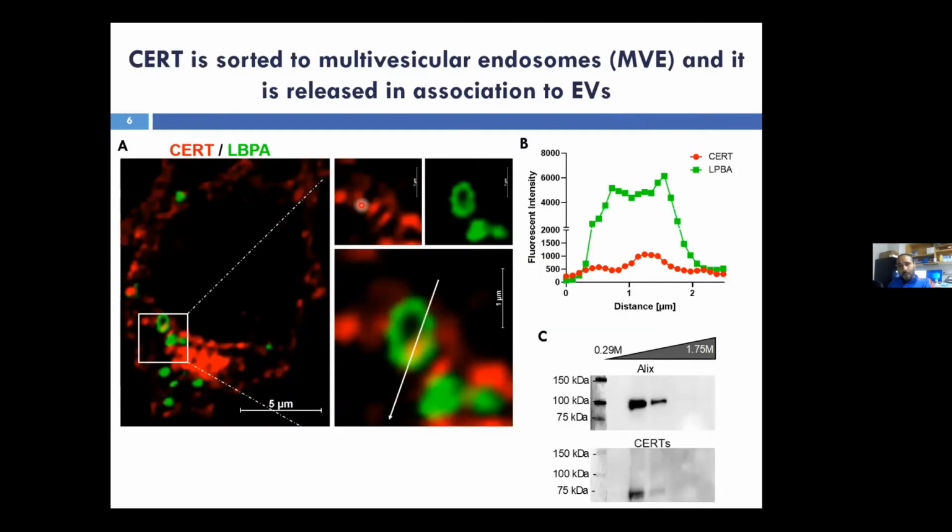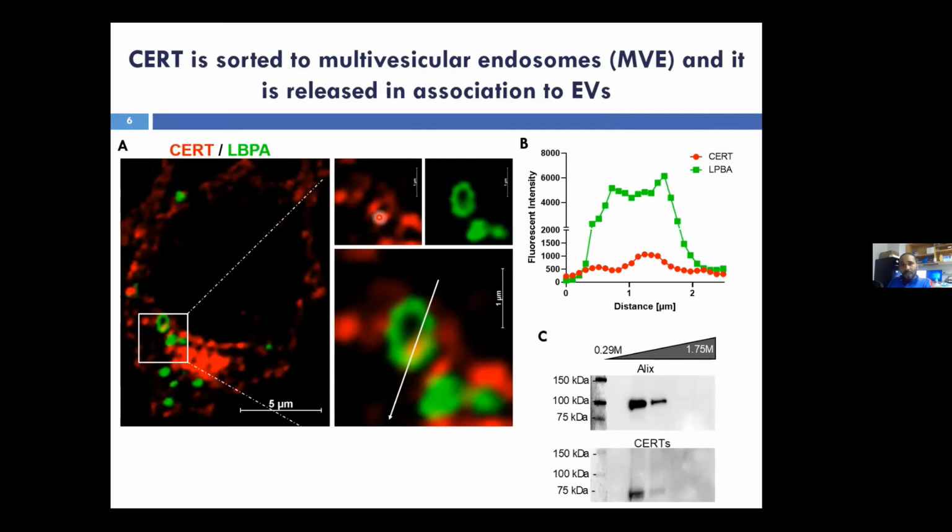So first, we explored if CERT could be found in association with the multivesicular endosome, MVE. So this is a confocal image, and MVE was detected with LBPA, which is a marker for MVE. And in red, you have immunolabeled CERT staining.